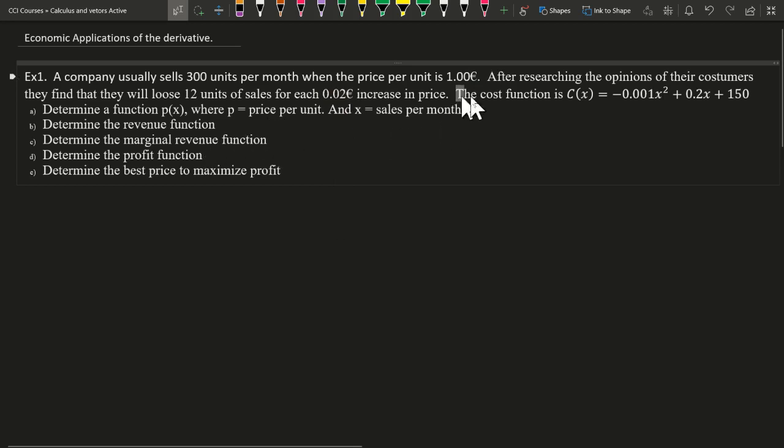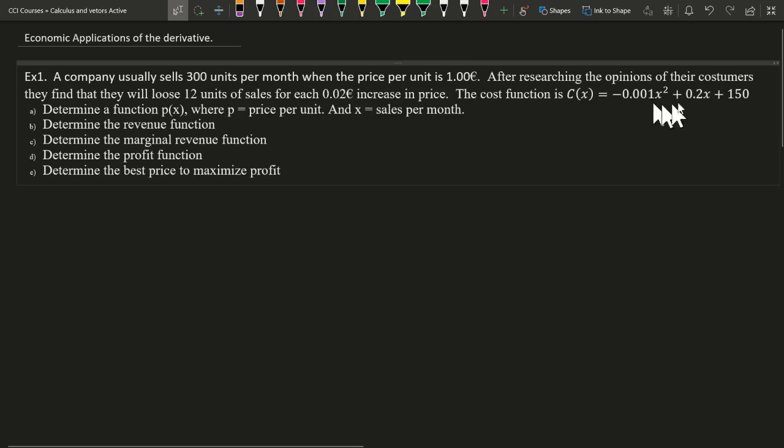Okay, so let's check this out here. This is the cost function. So if they're selling it for 1 cent, and by the way, X represents how many units they sell. And that's how much the sales per month. All right. And P is the price per unit, which doesn't show up yet, but C is the cost per unit.